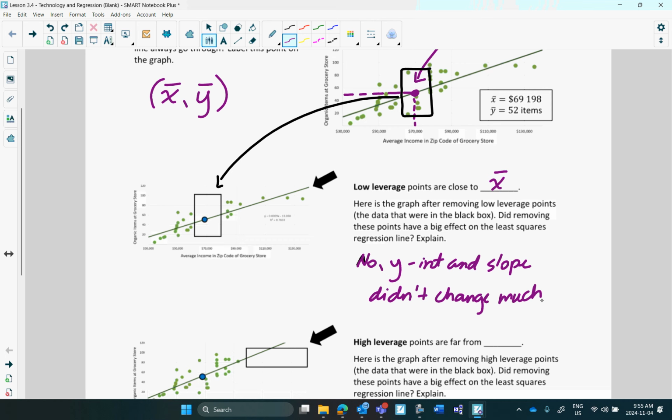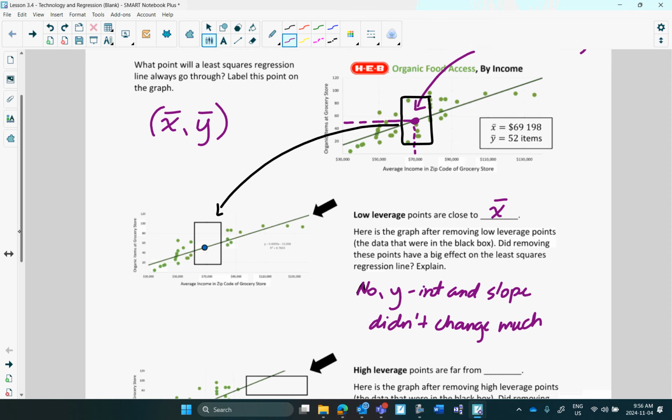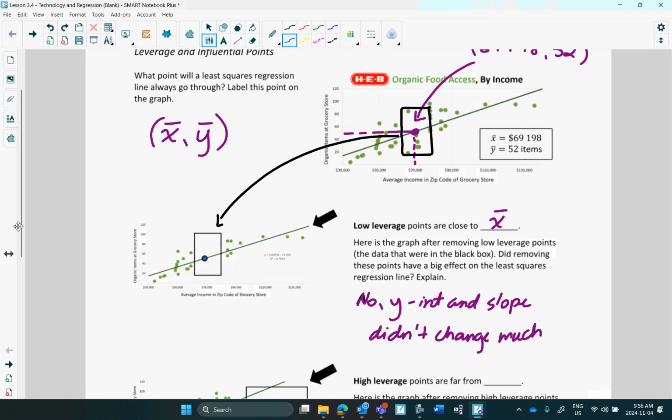However, if we go further away from the x mean, those points that are further away from the x mean become high leverage points. So here, way out here, would be high leverage points because they're quite a distance from the x mean.